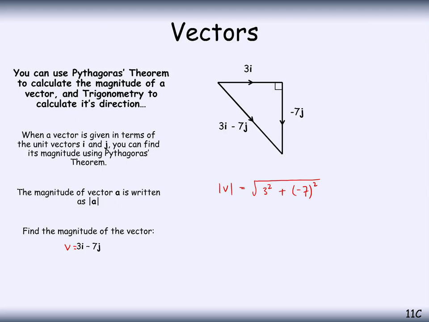Now I've written minus 7, but it doesn't really matter because I'm squaring it, it's always going to be positive. So that gives us the square root of 9 plus 49, which is the square root of 58. And when I work that out with my calculator, that's 7.62.